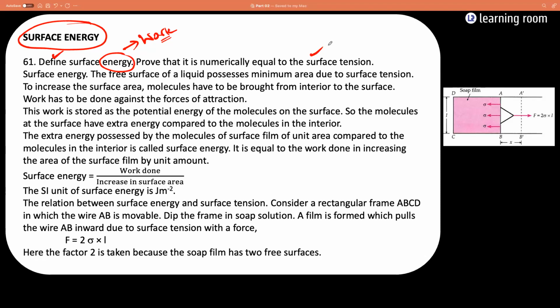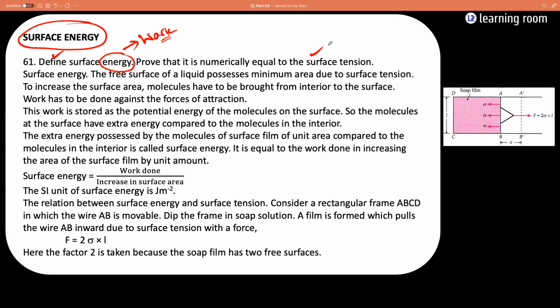So what is the surface energy? The free surface of the liquid would possess minimum surface area due to surface tension. So if you want to increase the surface area, you need to do some work to bring the particles from the interior to the surface.